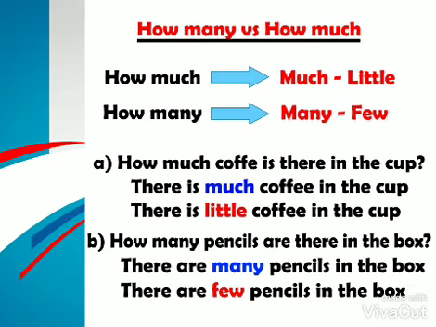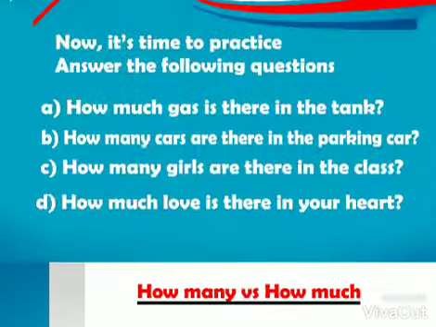We can have much coffee or little coffee. There is much coffee in the cup. There is little coffee in the cup. How many pencils are there in the box? We can have many pencils or few pencils. There are many pencils in the box. There are few pencils in the box.